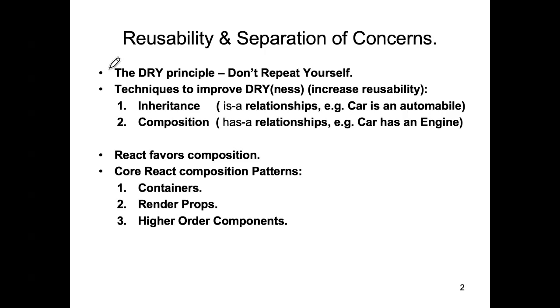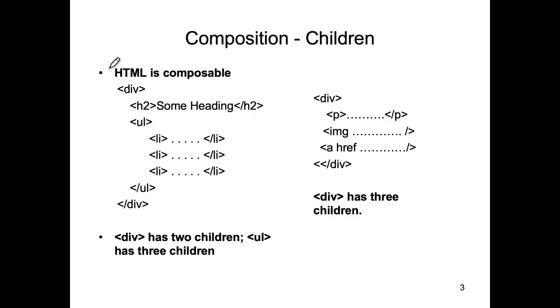So these are three design patterns based on the composition modeling approach that we would like to use in our React code base. Before I talk about the three patterns, just to get a term out of the way, HTML, as it turns out, is based on the kind of composition approach.